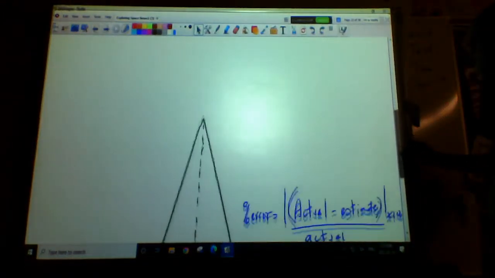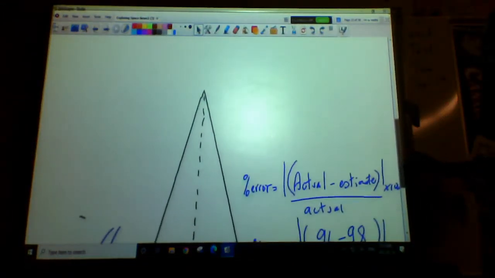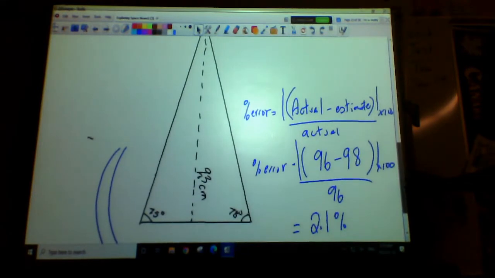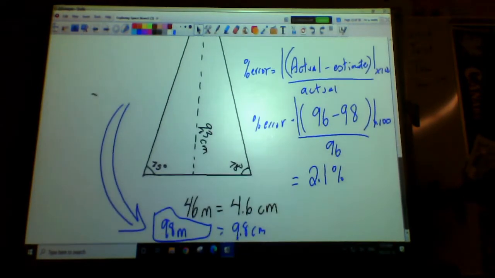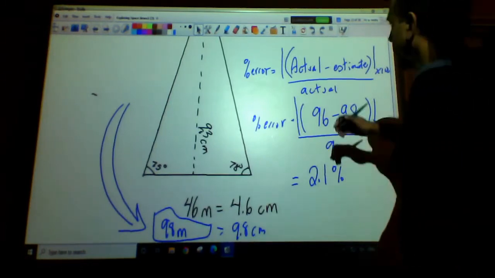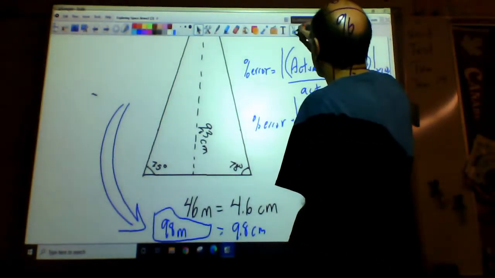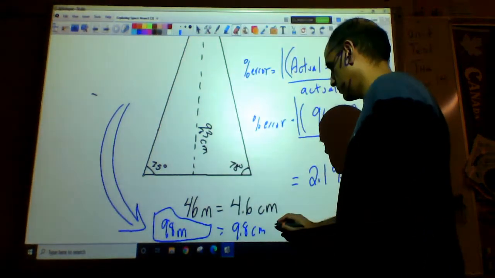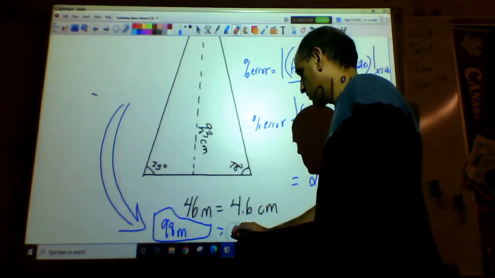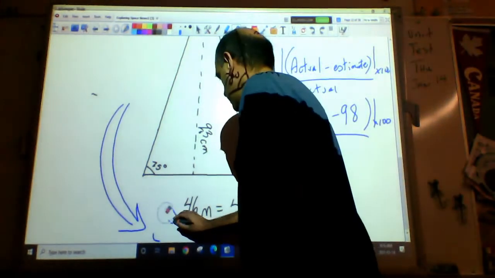So I have a blank screen here. I'm going to move this. Whoops, I actually have a triangle already done. Let's go ahead and erase some of this. Erase that part.